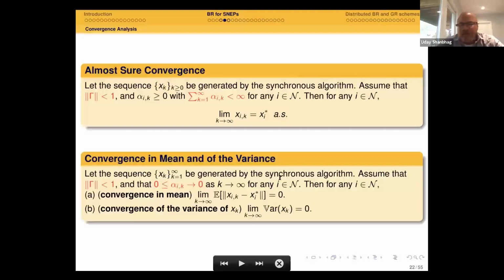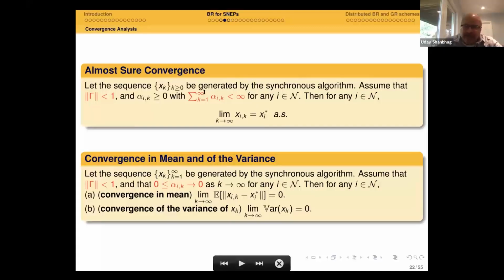So let's go through the main results for this scheme. Under the assumption that the proximal best response map is contracted, which is a key assumption, the counterpart of the strong monotonicity requirement in the context of gradient response. You need some sort of contractive property, which is fairly standard for any best response setting.